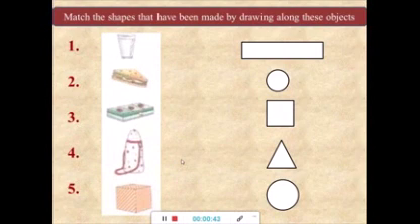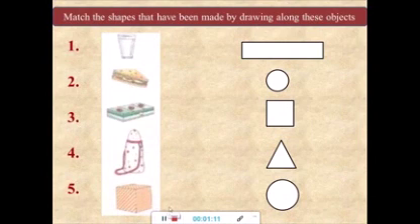Children, do you know you can draw shapes with objects? Now if you place one of your books on a sheet of paper and draw along the sides, what shape do you get? Yes, you will get a rectangle. In the same way, we have to match the shapes that have been made by drawing along the objects.